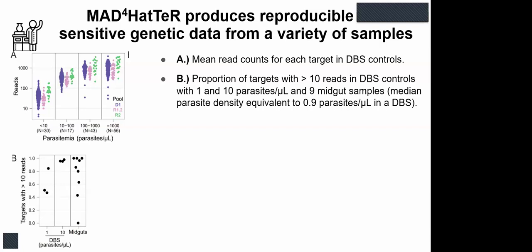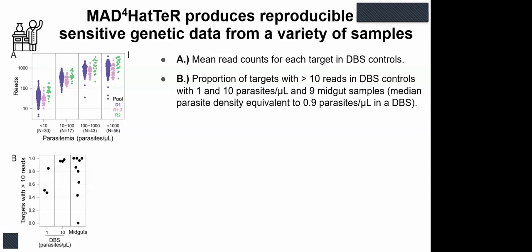When I say midgut samples, we know that Plasmodium falciparum has two hosts, the human and the vector, which is the mosquito. And in the mosquito, recombination happens in the midgut of the vector. So we got samples of the parasites from the midgut of the vector.